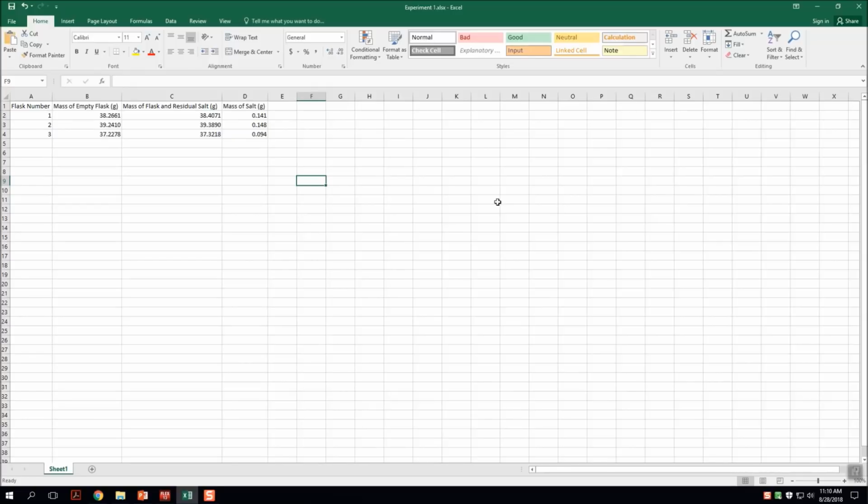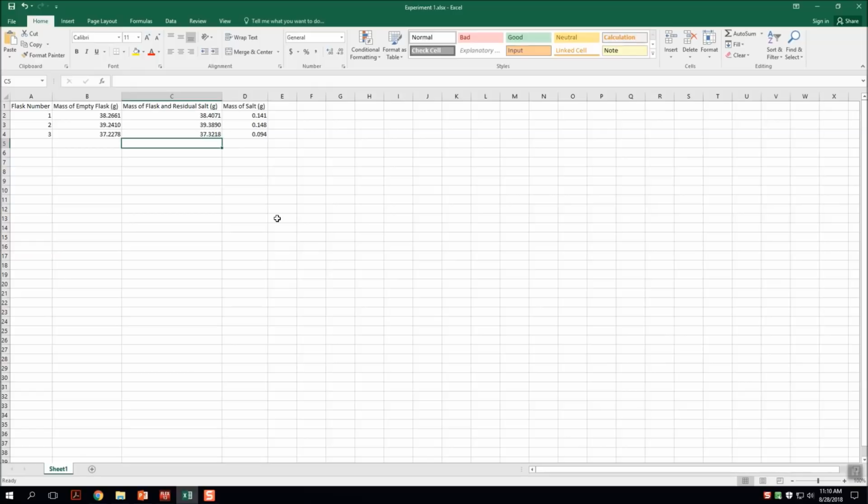Now, what did I say I wanted to calculate? Well, I have the mass of the salt in my 3 trials. And in order to finish this lab experiment, I need to do accuracy and precision. Precision, or reproducibility, is measured by relative standard deviation. So we need to calculate the relative standard deviation.